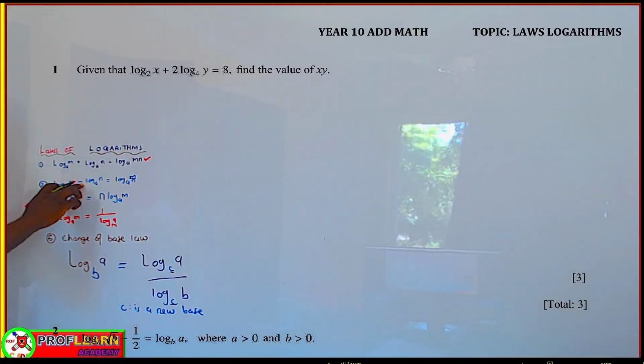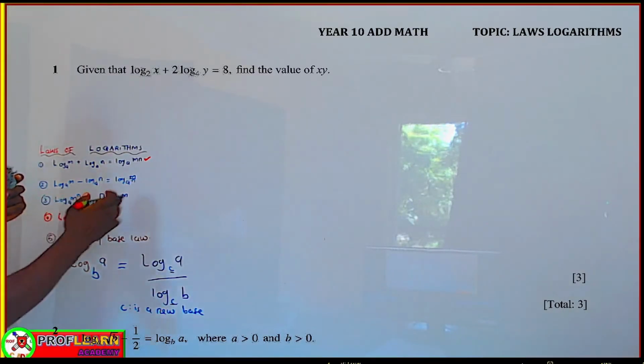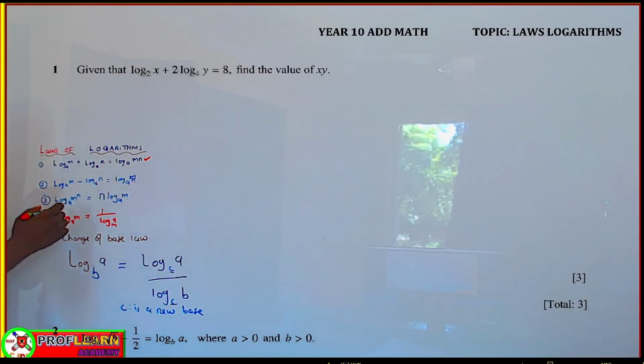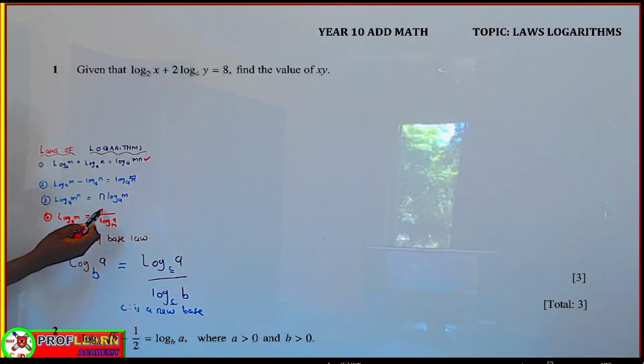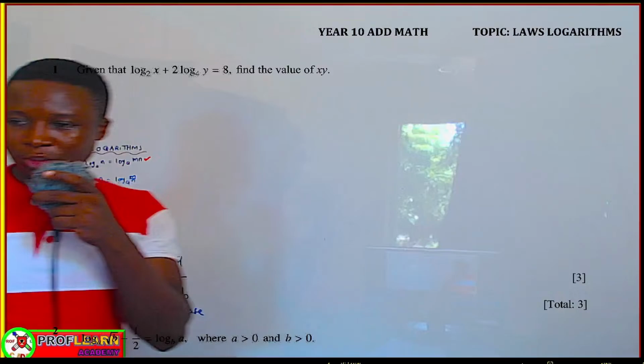If you have a subtraction and the two logs have the same base, it means you are going to divide the two numbers. And if you have n as a power of m base a, you can take the power behind the log. But if you have log m base a and you want to switch the position of m to become a base and a become the number, you can express that as 1 over log a base m.